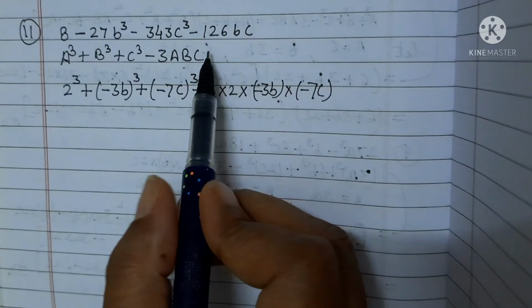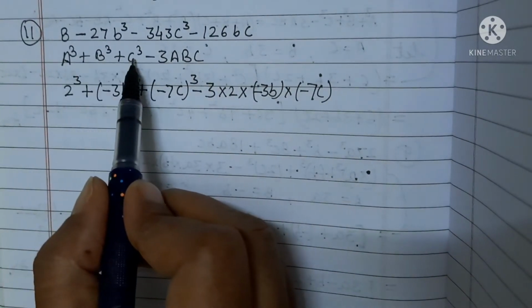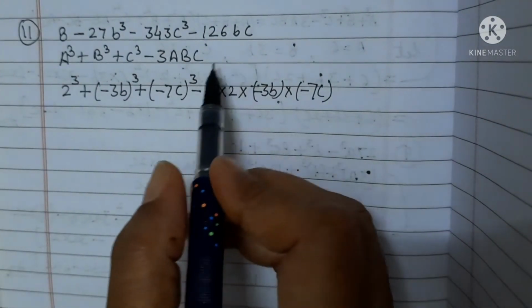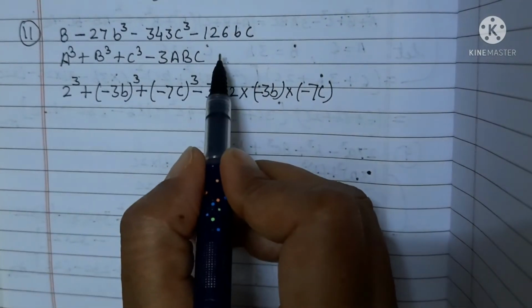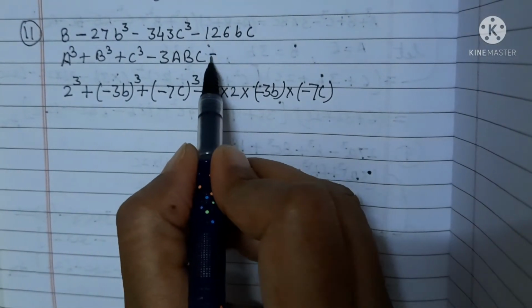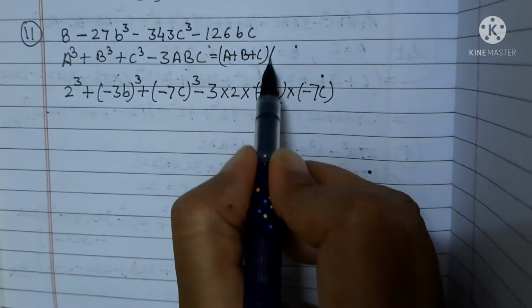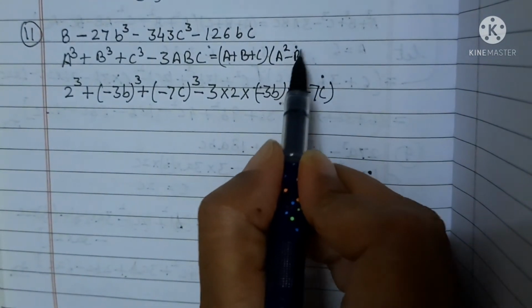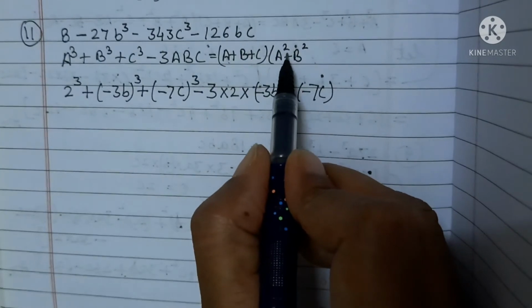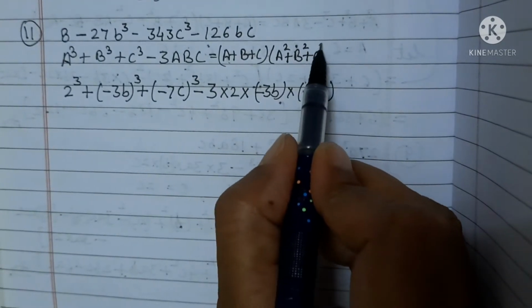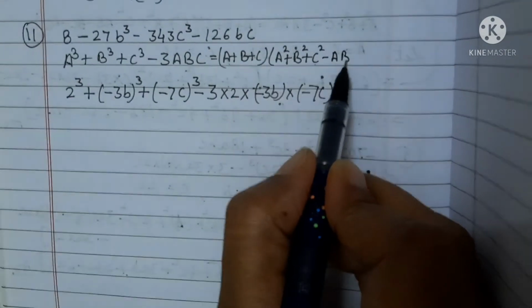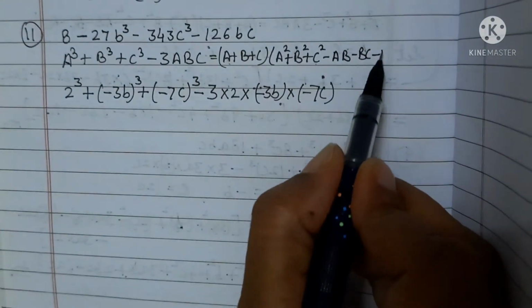It means this is of the form a cube plus b cube plus c cube minus 3abc. So you can convert it in the form of (a plus b plus c)(a square plus b square plus c square minus ab minus bc minus ac).